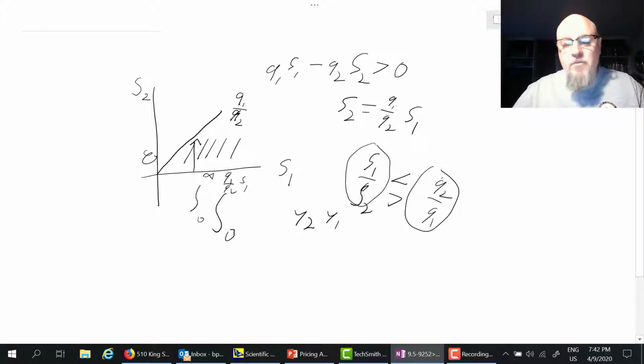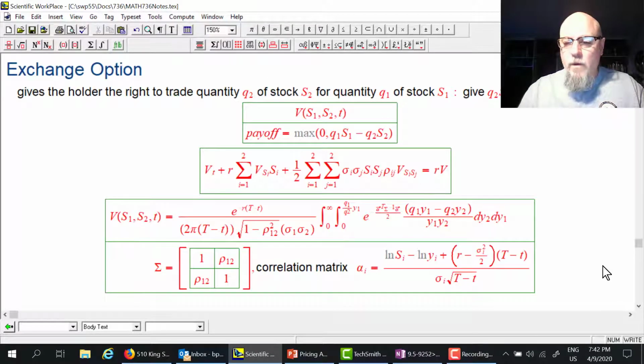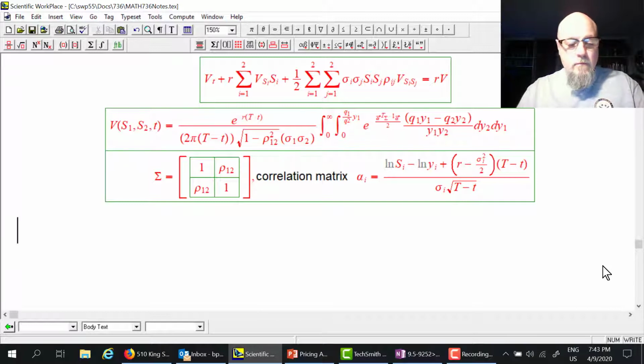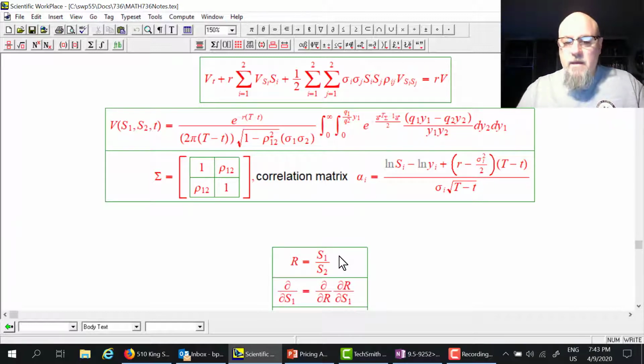So, inspired by that, let's make this its own variable, R, for the ratio. I'm making a new variable, R, which is just the ratio of the stock prices. I've got my partial differential equation here.